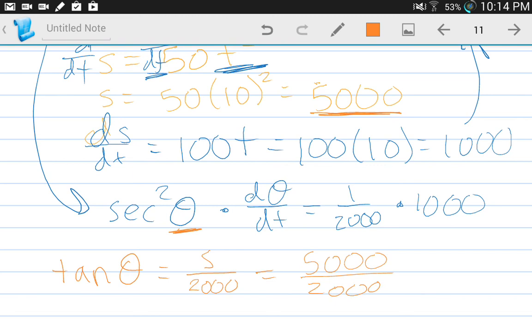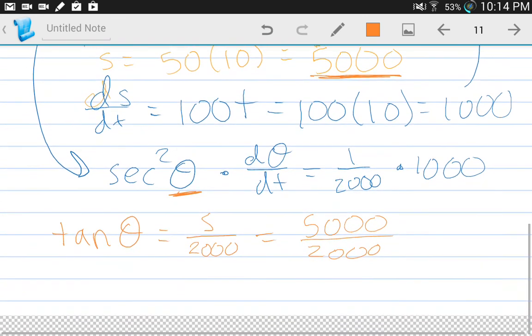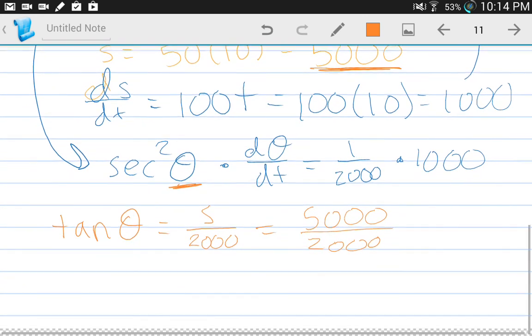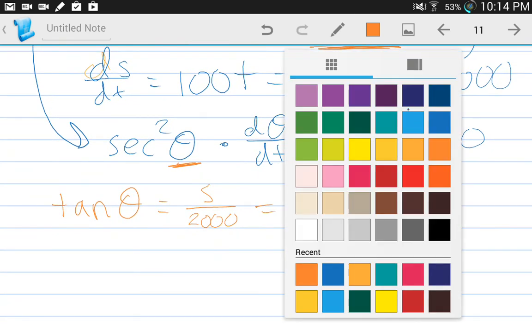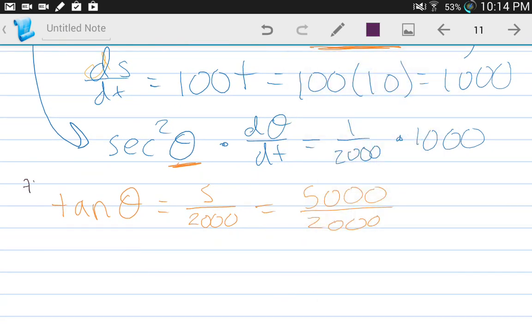And we'll have to use our calculators for this. And so we'll do the inverse, right? Inverse tangent. And I'm actually going to have to look that up online really quickly because I don't have my calculator in front of me.